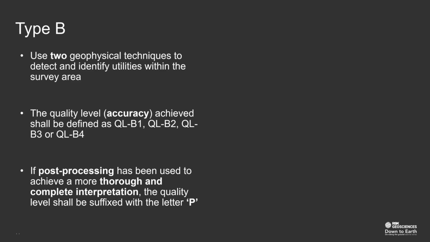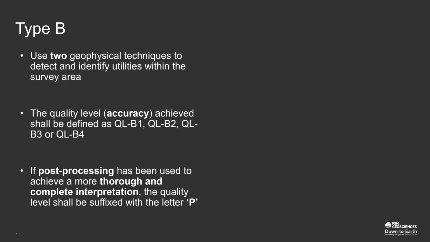So for this, PAS 128 states that 2 techniques as a minimum are to be deployed to detect and identify services. That's most commonly GPR and electromagnetic location, or EML for short. A quality level must be identified and acknowledged ultimately by the person or persons undertaking the survey at each segment a utility has been detected.